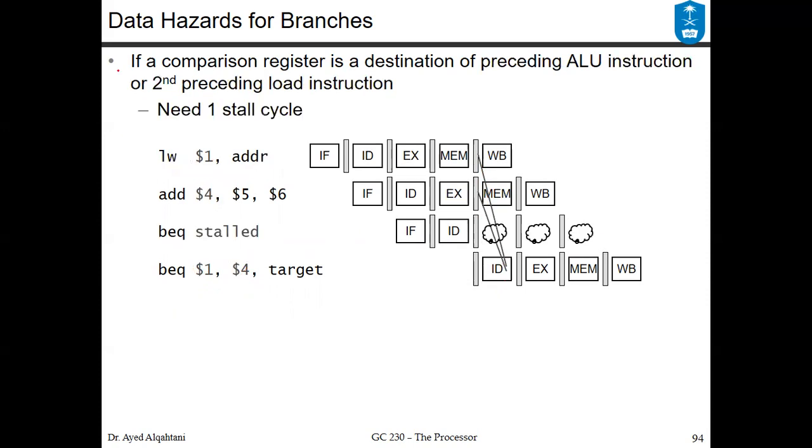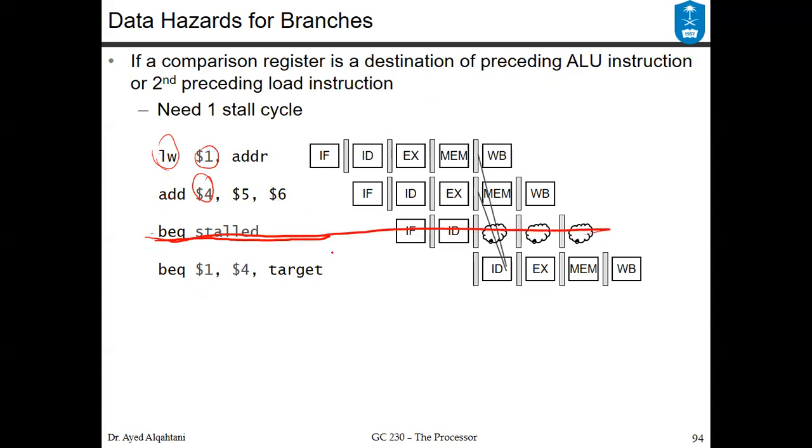Now, what if the comparison registers, now we have 1 and 4, are a destination of the preceding ALU instruction, or the second preceding load? This means that the branch originally was here. And right before that, we have the add, which writes to register number 4. And before it, we had the load. This way, if this is what happens, because of these reasons, you need to add a bubble.